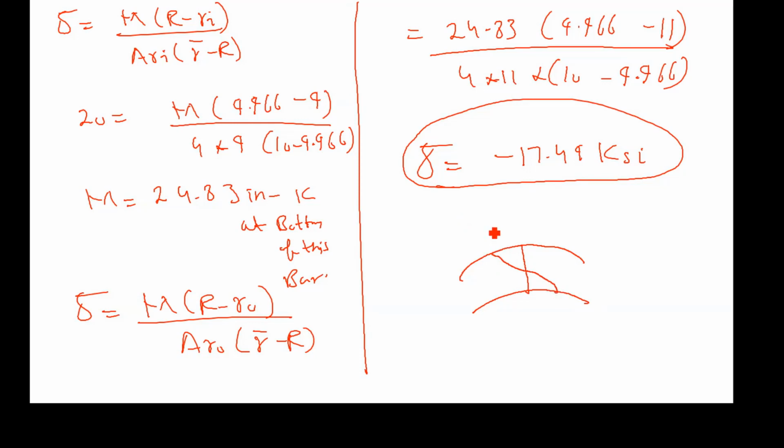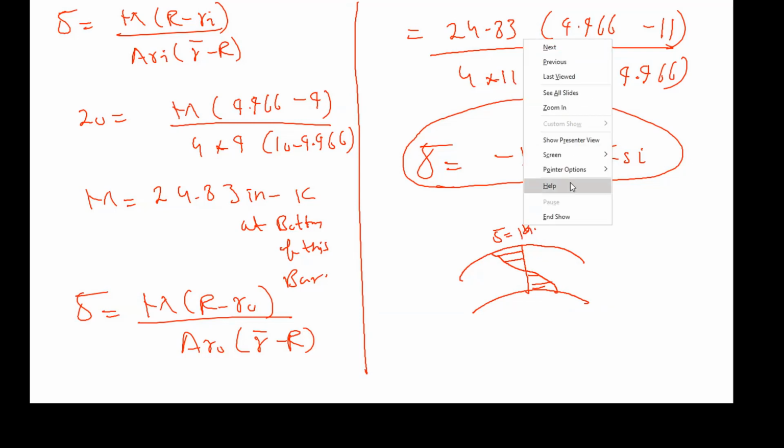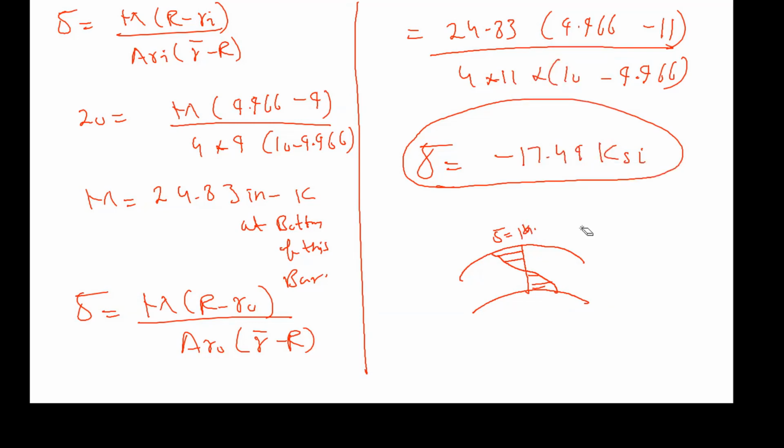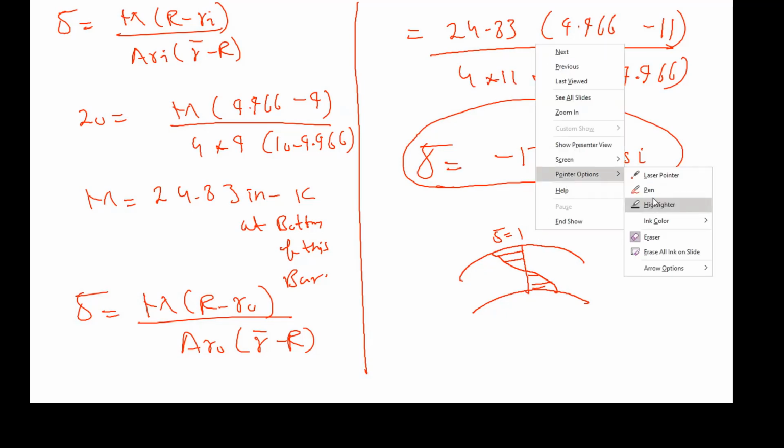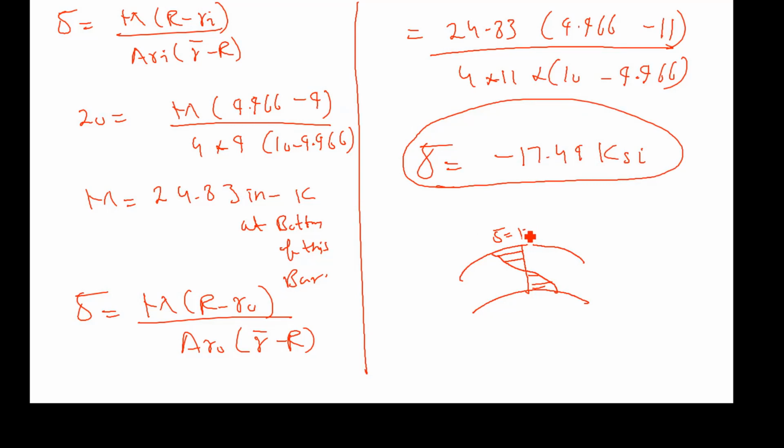Here at the top the stress is going to be equal to 17.49 ksi, and here it is going to be equal to 20 ksi. So that is how the stress distribution is going to be.